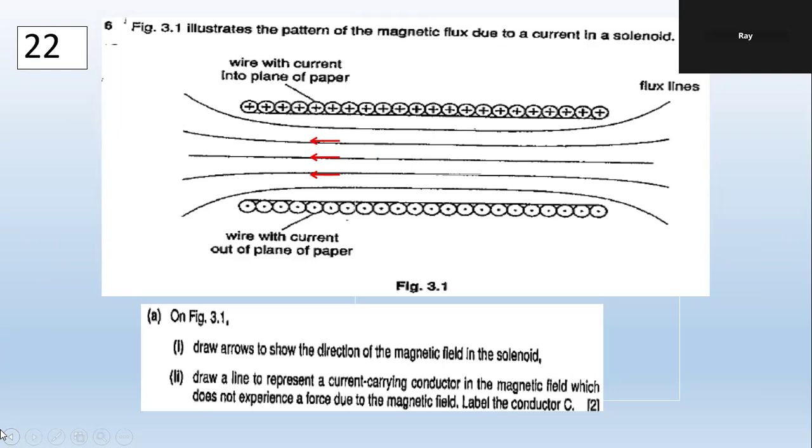Draw a line to represent a current-carrying conductor in a magnetic field which does not experience a force due to the magnetic field. Where should the conductor be placed? Perpendicular, at an angle, parallel? Do you want the conductor to experience a force?